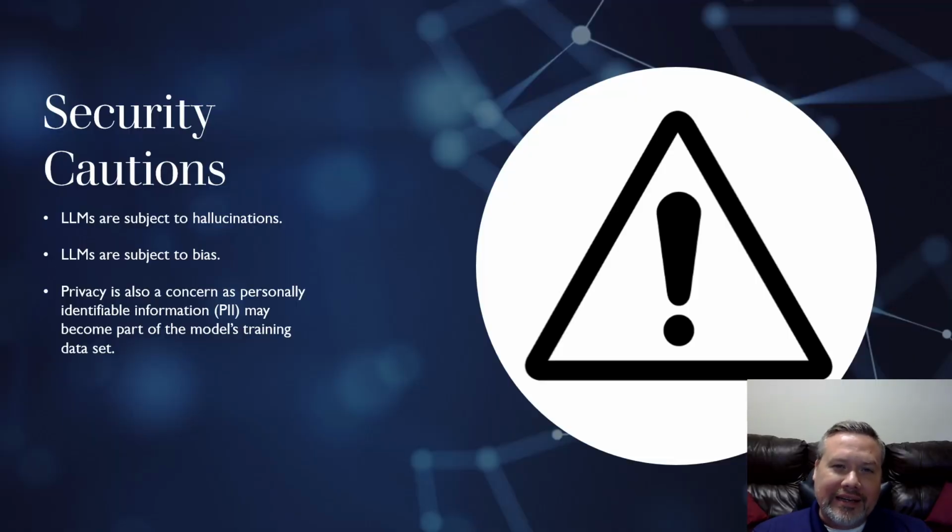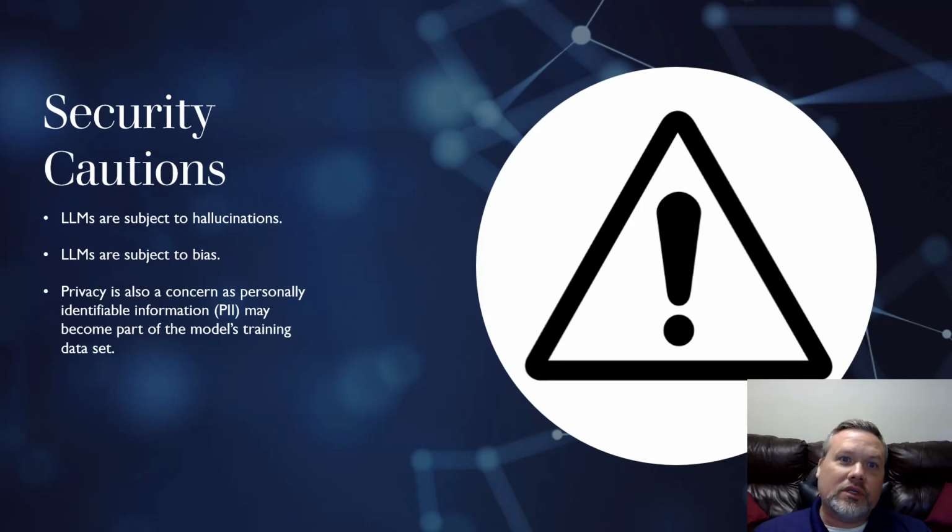Privacy is also a concern. It's not a good idea to share personally identifiable information like your name, your address, phone number, social security number, things like that, or student information. If you're an instructor or you're a student, don't share a whole lot of personal details about yourself, because a lot of times what you share with the AI gets incorporated into its training data.